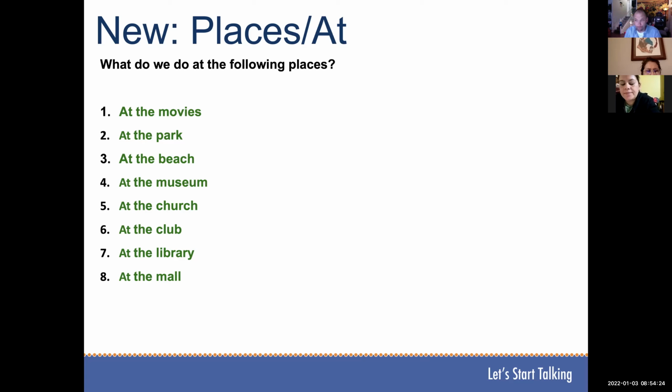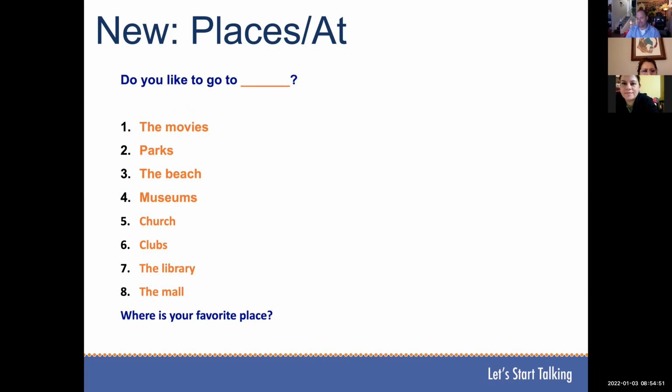Se usa shopping cuando lo está haciendo en el momento. Mira, no puedo hablar porque estoy haciendo las compras. I can't talk because I am shopping. Pero en lo general, ¿qué es lo que se hace? En el centro comercial se hace las compras. We shop at the mall. Shop. Okay. ¿Sí?